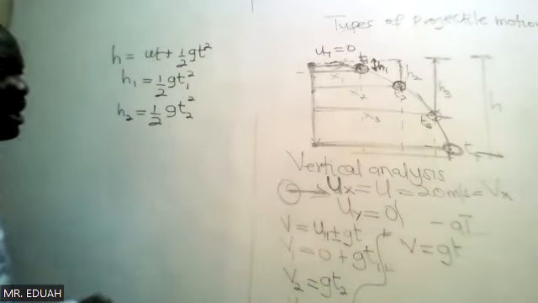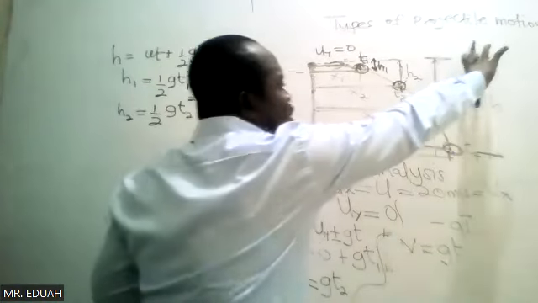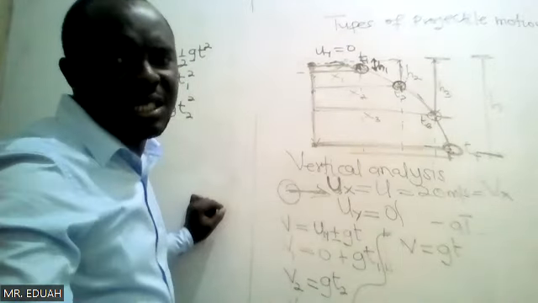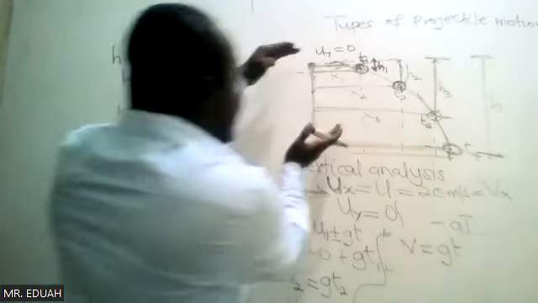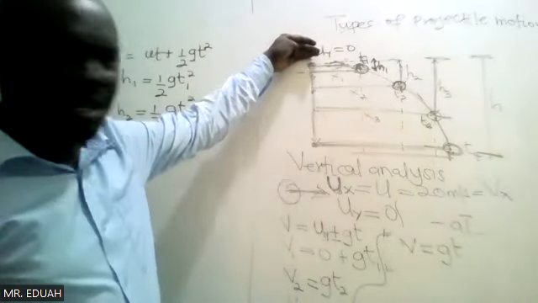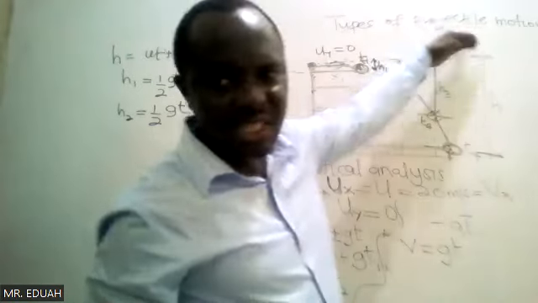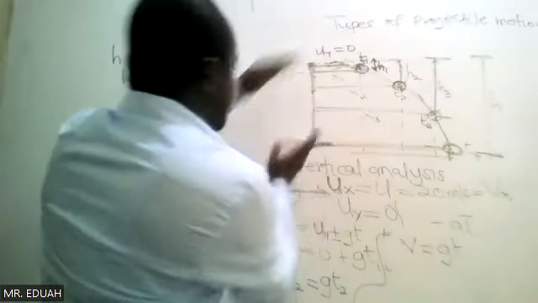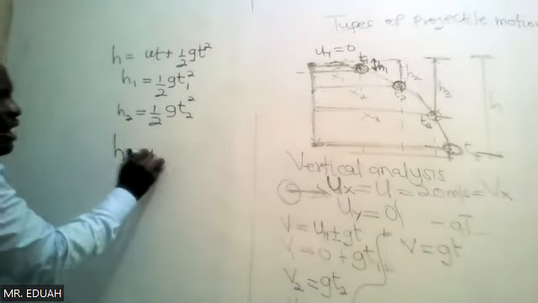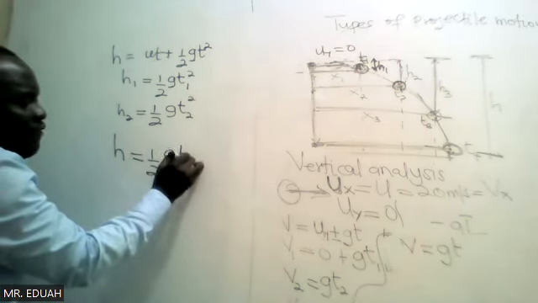Good. And meaning, if I want the total vertical displacement, which is equal to the height, the initial vertical position of the body from the ground, this H must be equal to half g times t4.